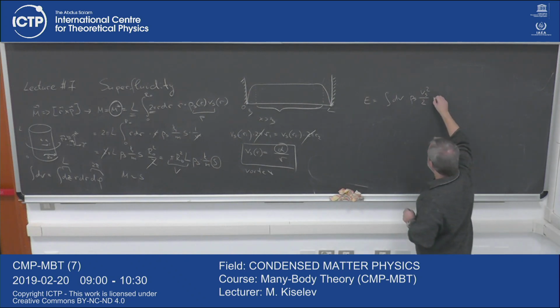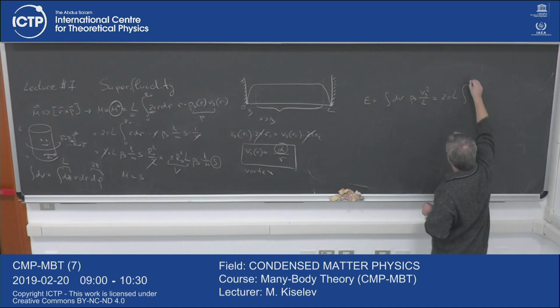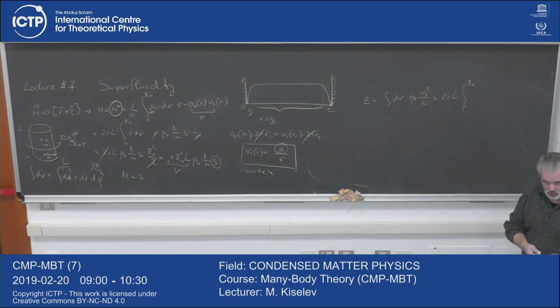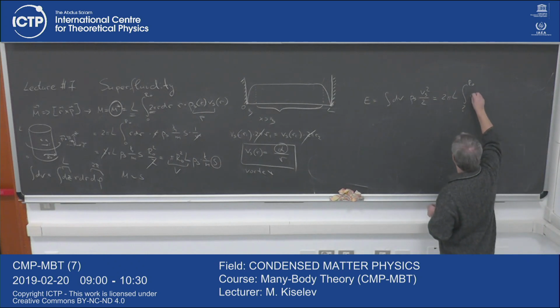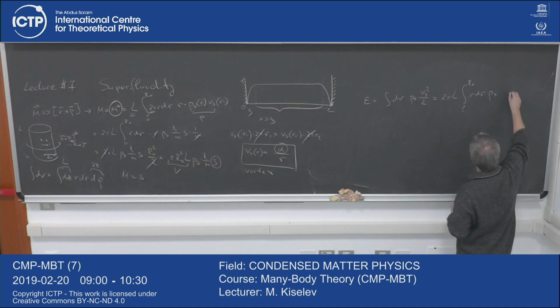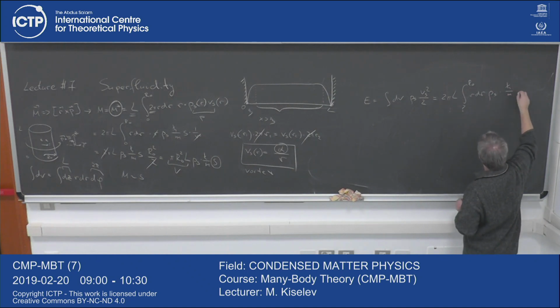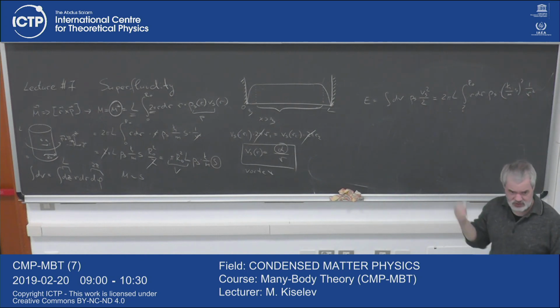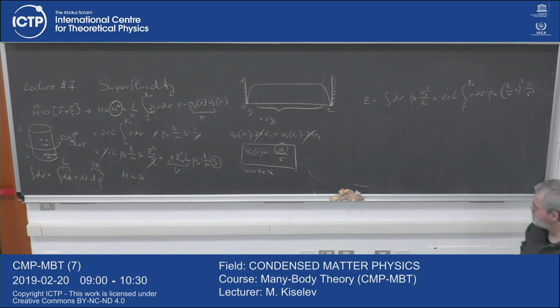So this integral is therefore 2 pi L times the integral to R node, and let me write a question mark in the lower limit. You will see why I'm doing that. This is r dr, times rho s, and then h squared over m squared s squared times 1 over r squared. So this is a velocity field, right?